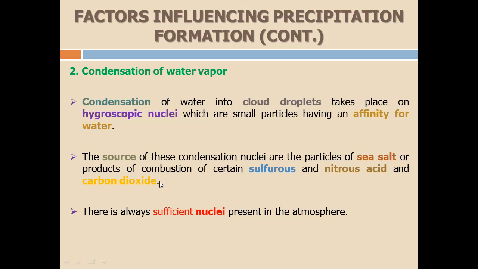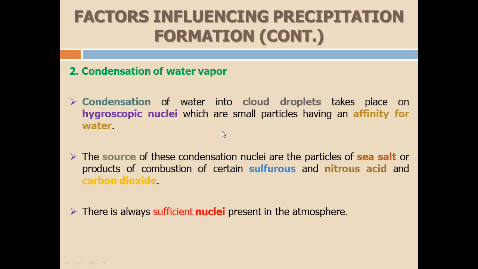But these vapors will only condense if there are enough hygroscopic nuclei, because the vapor condenses by settling on hygroscopic nuclei. What are hygroscopic nuclei? Hygroscopic nuclei are any small particles having an affinity for water.